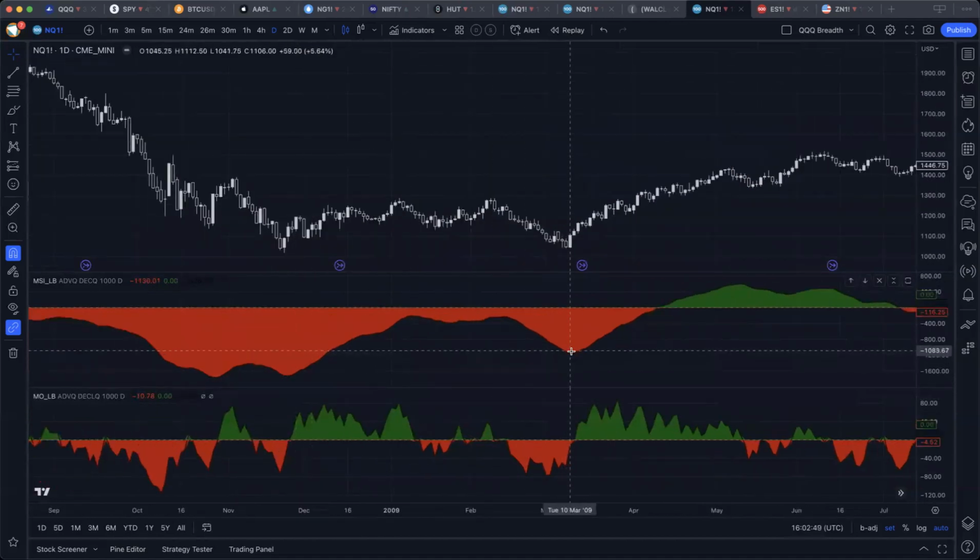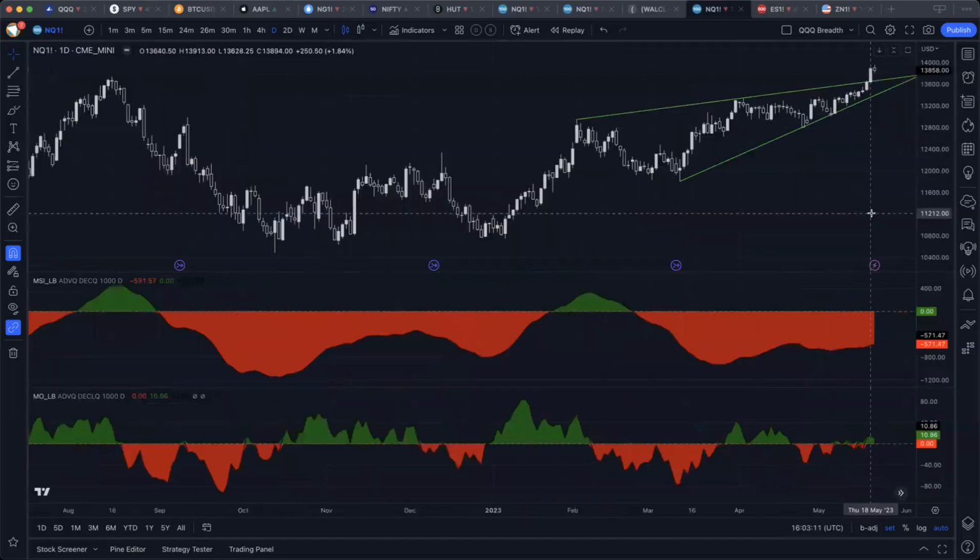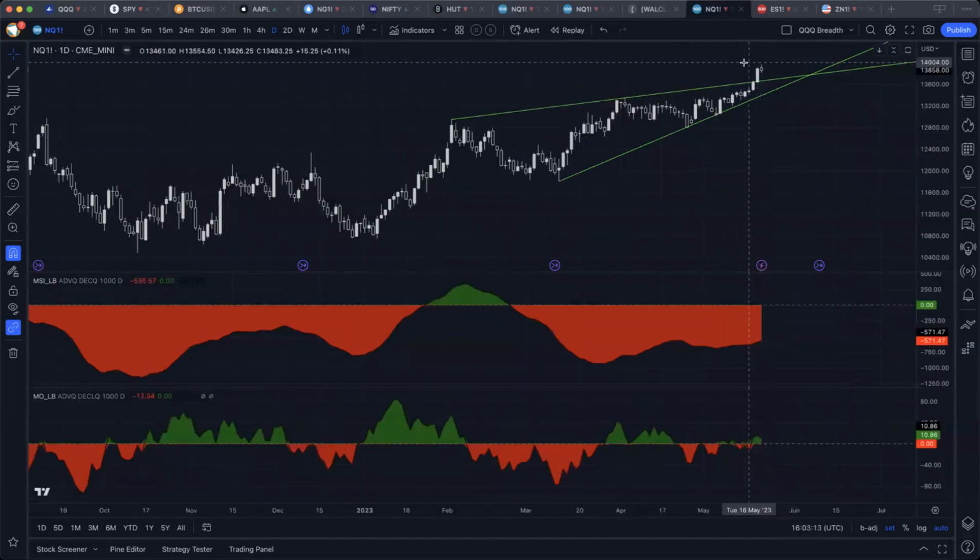You'll want to see the McClellan summation index make a higher low, and you want to see a sharp kickoff in stocks in breadth measured by the McClellan oscillator here. So we saw a little bit of that in January, but we haven't seen that since, and since then breadth has been weakening. Okay, so that's reason number one why I'm looking at this as at least a temporary top.